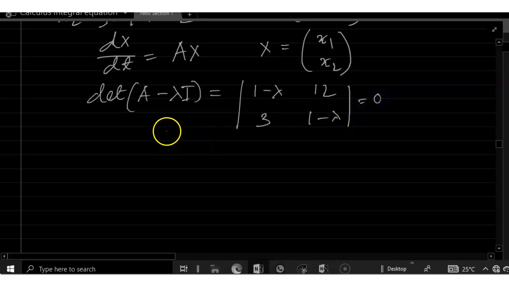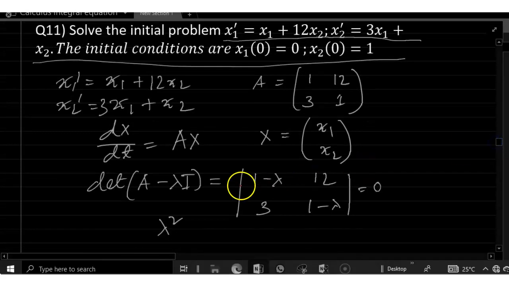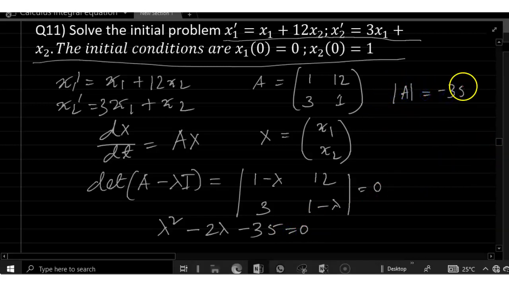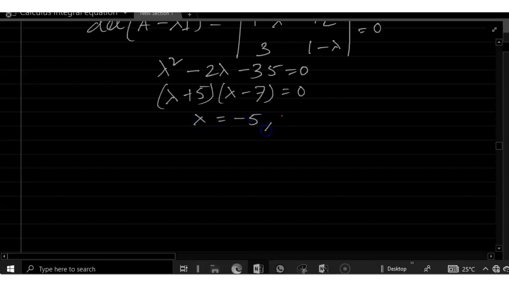So I get the value lambda square, directly trace and determinant, minus 2 lambda minus 35 equals 0. Determinant of A equals minus 35. So (lambda plus 5) into (lambda minus 7) equals 0. So lambda equals minus 5, 7.